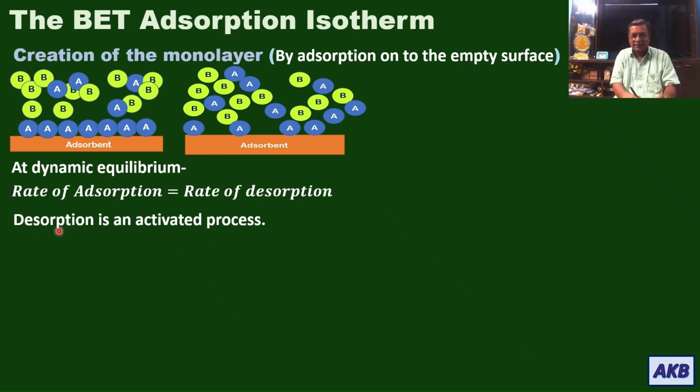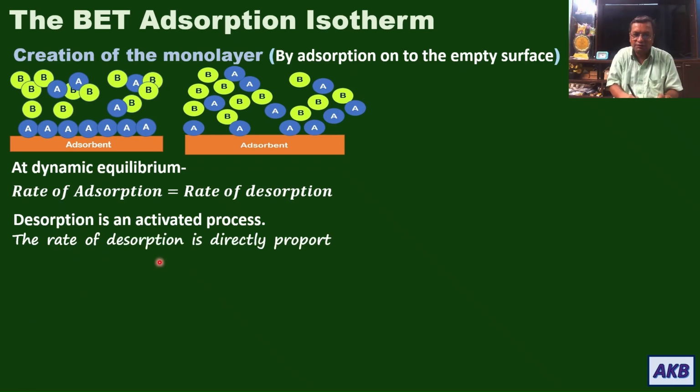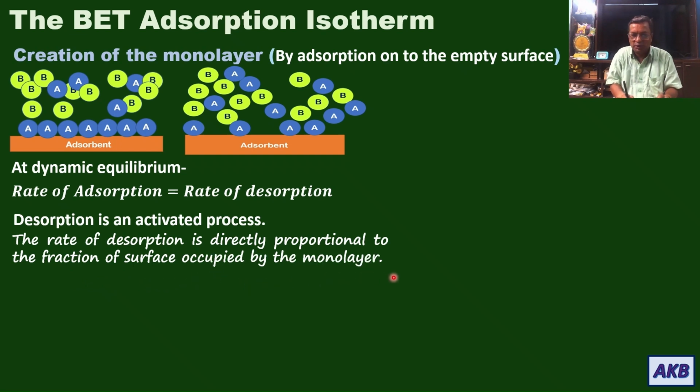Once the adsorbed molecules get that energy, which is called activation energy, they will get desorbed. That's why desorption is an activated process. And in this case, the rate of desorption is directly proportional to the fraction of the surface that is occupied by the monolayer. You can represent it mathematically in this way.